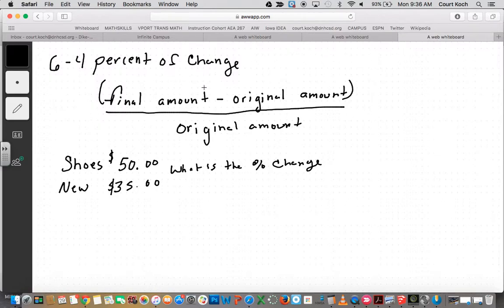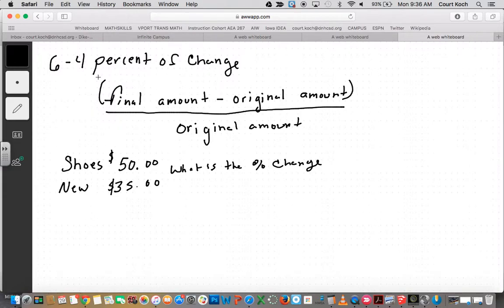Then we talked about percent change. In percent change, I'm looking at how much did the percent change, either did it go up or did it go down. We use this a lot when we look at items on a shelf. Remember we talked about a video game that I buy today isn't going to be the same price as if I wait a couple months and buy that video game. It might go down.